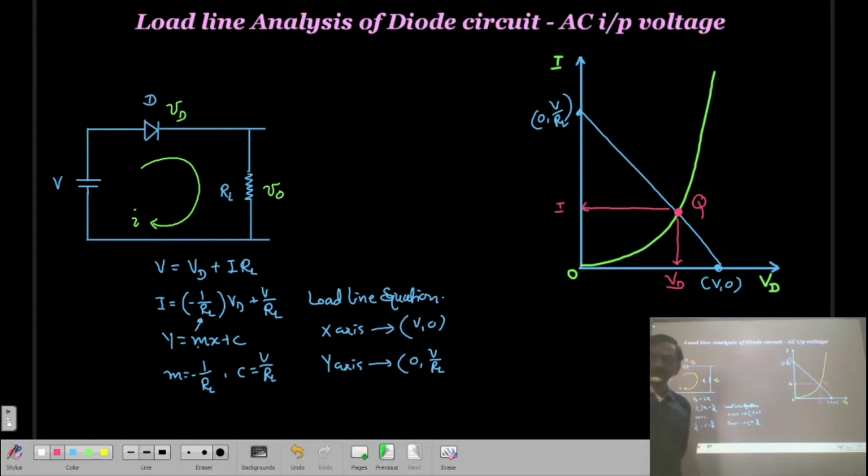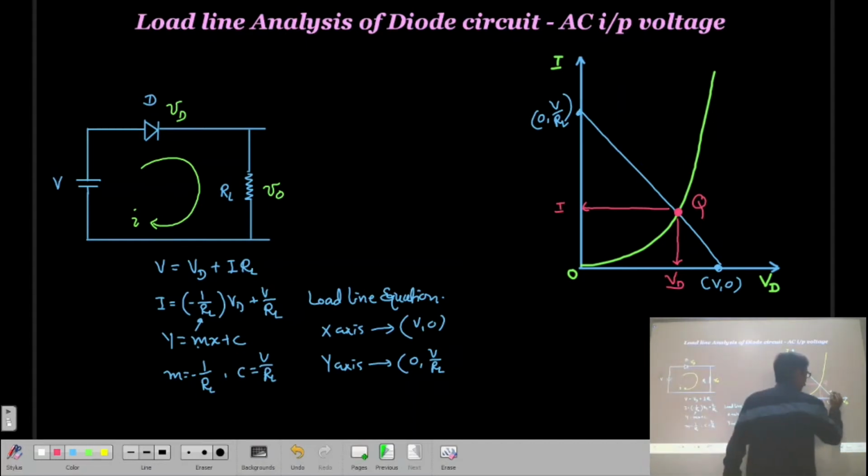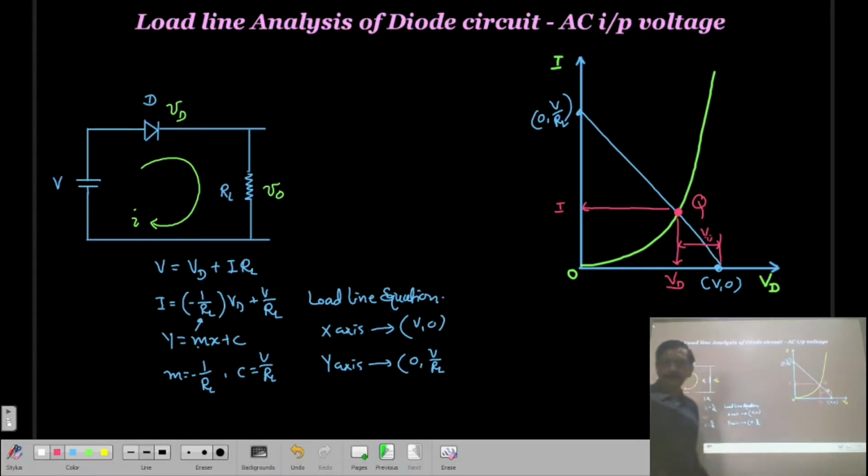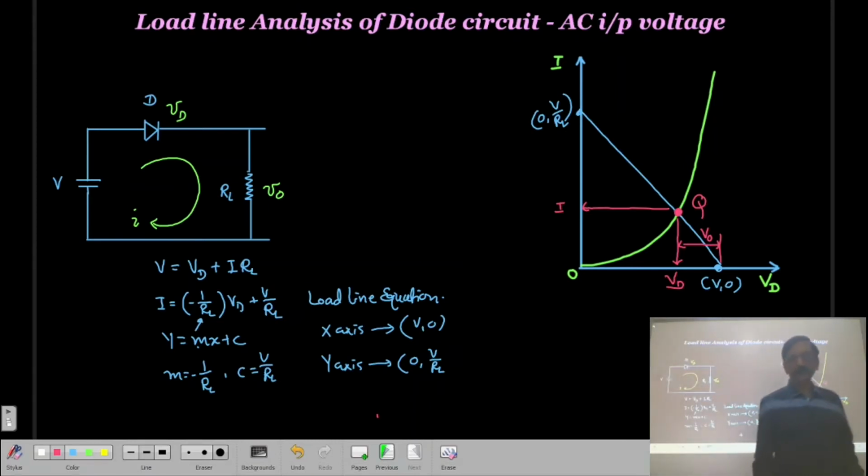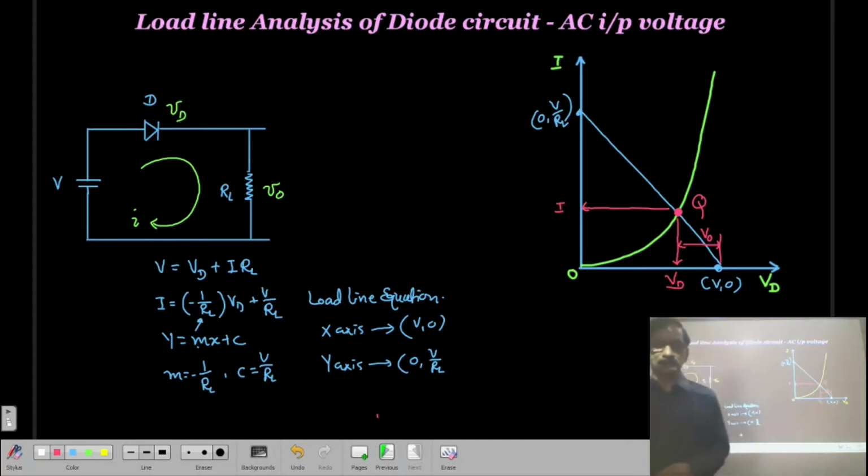In this way, you can draw a line and find out the current and voltage across the diode. And not only that, this will also give you the voltage across the load resistance RL. So the load line technique is very useful whenever the device has non-linear characteristics.